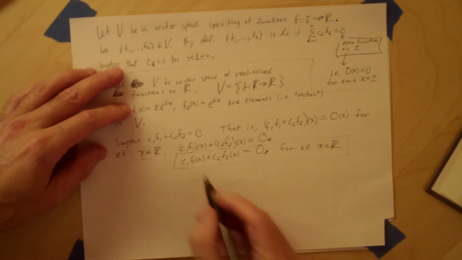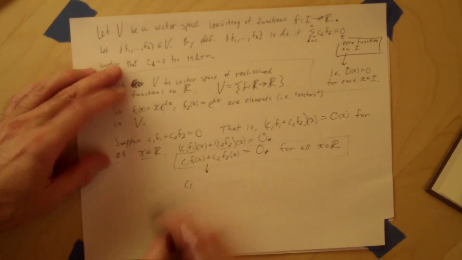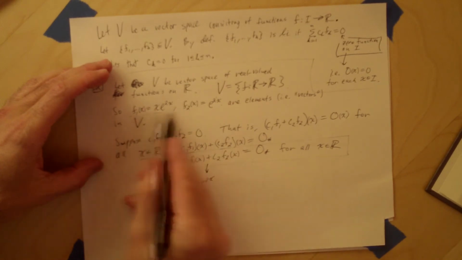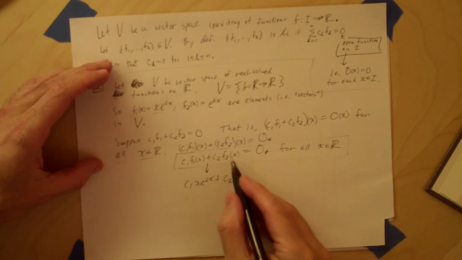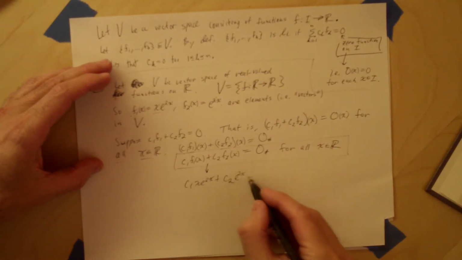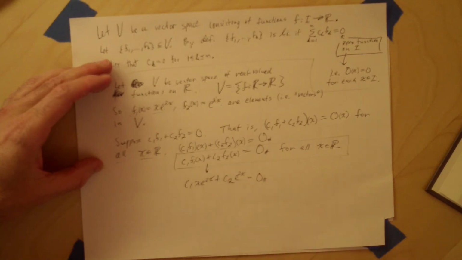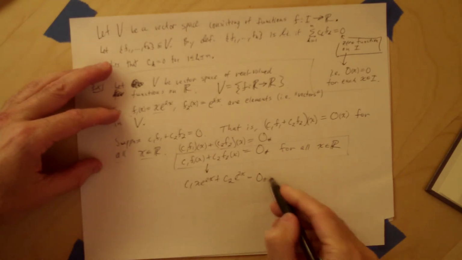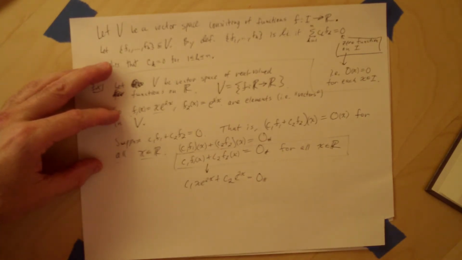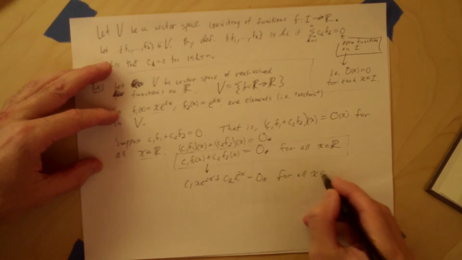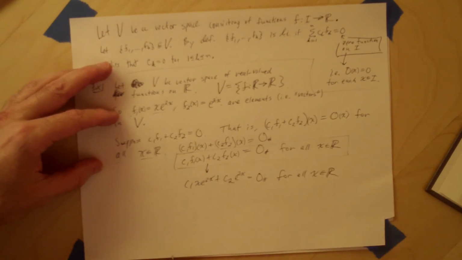Well, f1 of x is x e^(2x), f2 of x is e^(2x), and that's equal to the number 0. I'll probably quit writing that because it's getting obvious now. So this is for all x an element of the reals. Well, let's play with this.